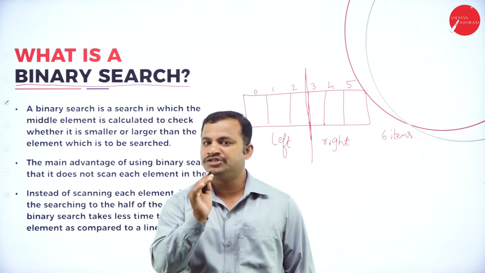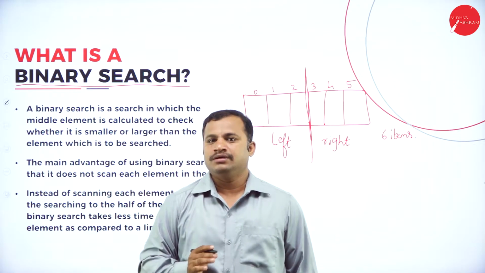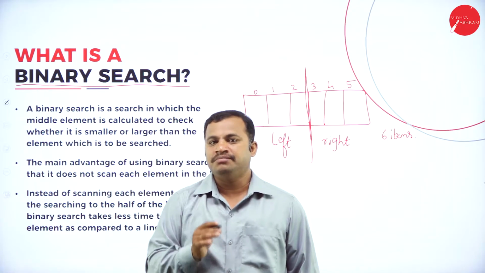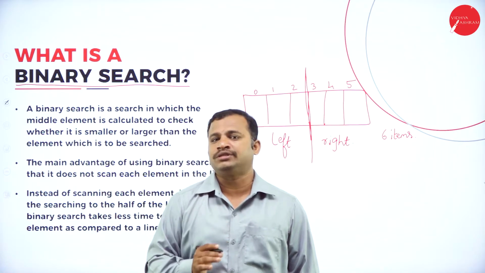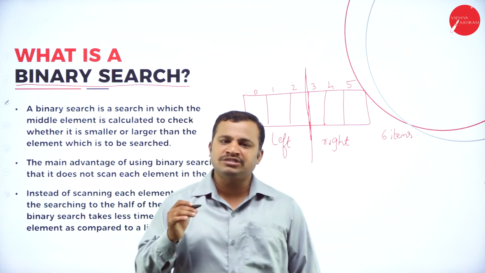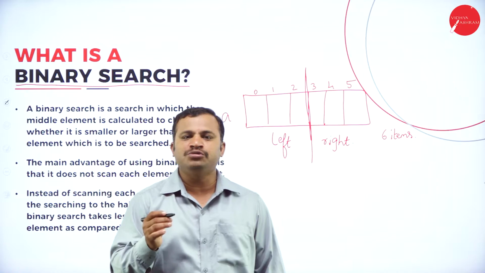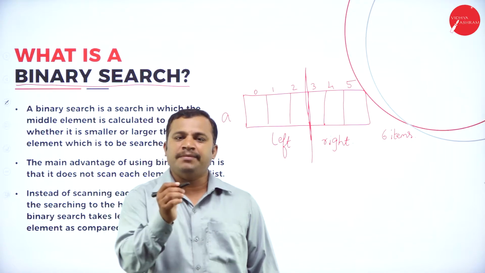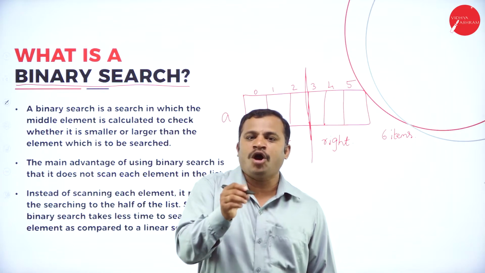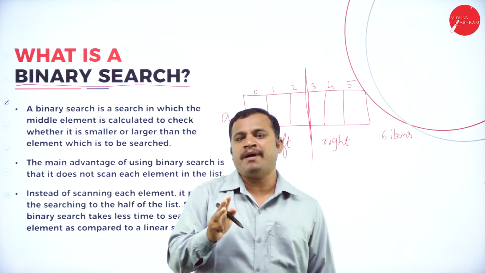But this is not the case with binary search. A binary search helps you identify the element present in an array by employing 3 important parameters.